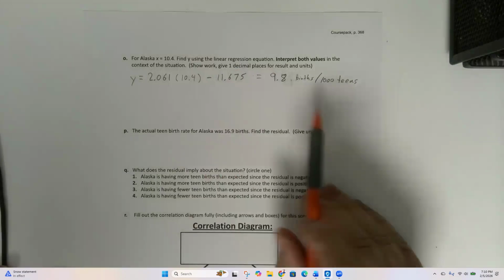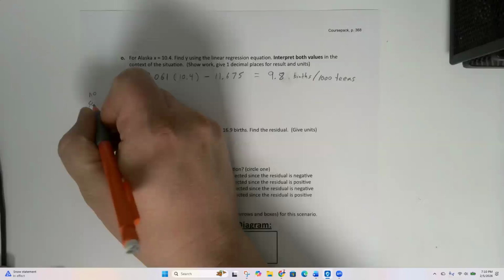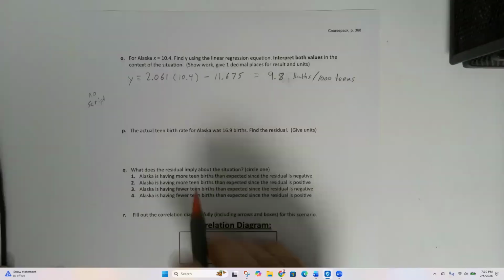So there's not a script for this. You just have to write it out. Just use logic, right? So just write out what Alaska has.